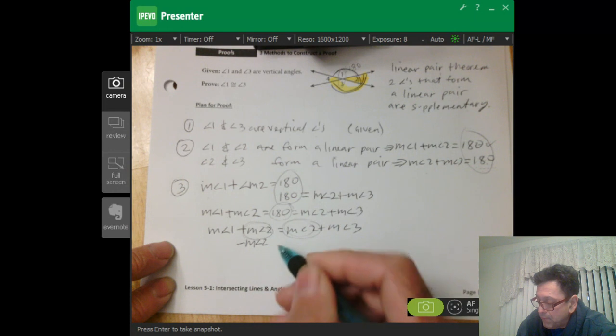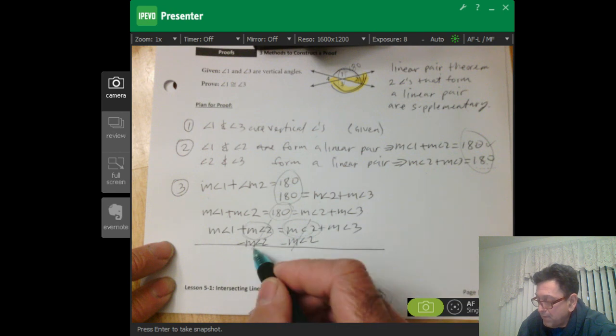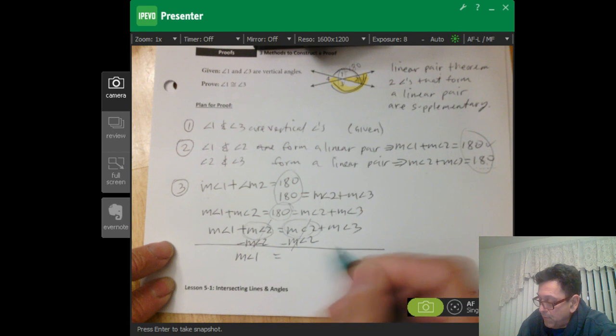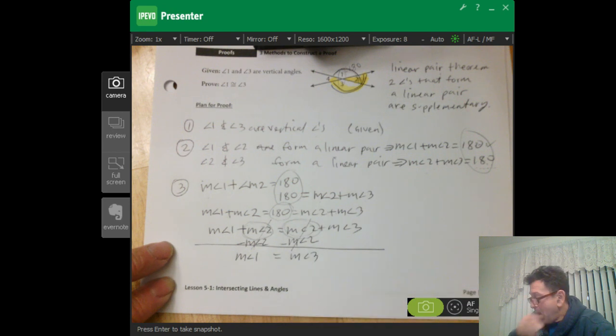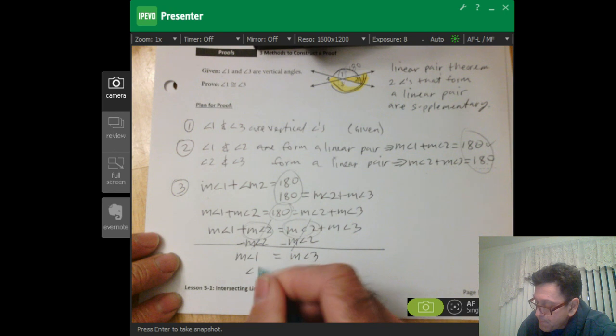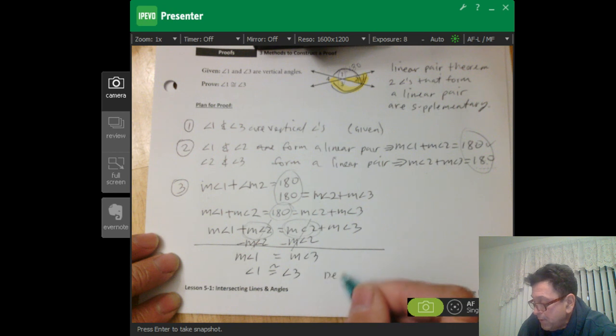So if we subtract measure angle 2 from both sides, that is 0, so we won't have it anymore. Measure angle 1 is going to be equal to measure angle 3, which means angle 1 is congruent to angle 3.